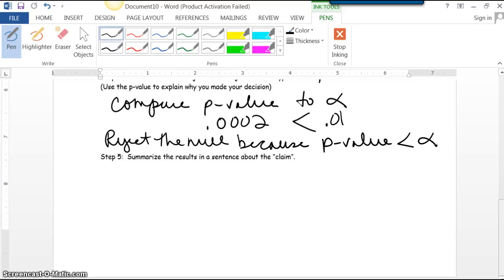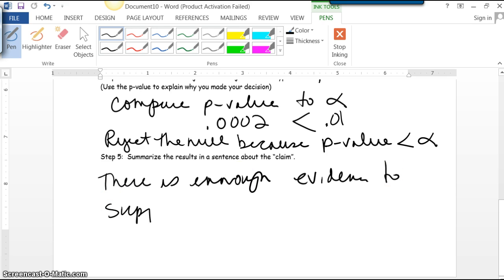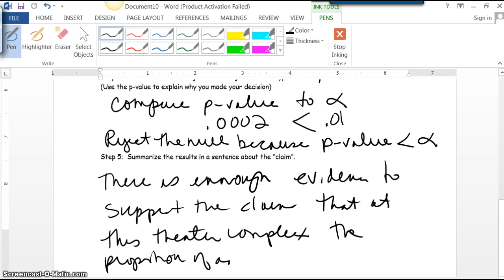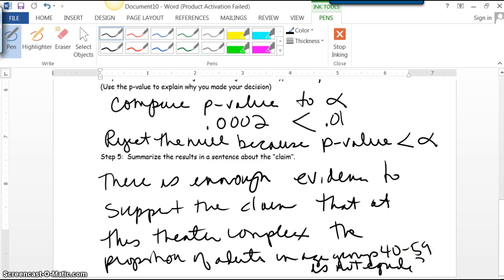So there's enough evidence to support the claim that at this theater complex, the proportion of adults in the age group 40 to 59 is not equal to 32%.